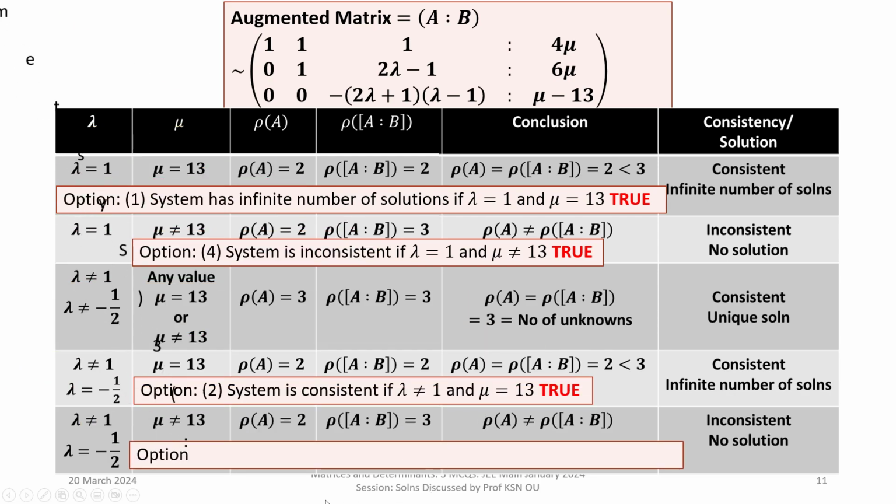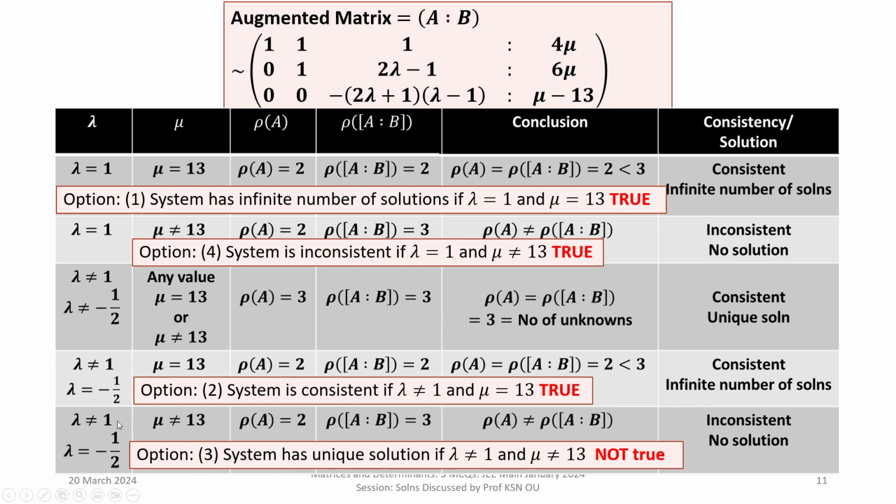Let's look at our option 3. The option 3 says the system has a unique solution when lambda not equal to 1, mu not equal to 13. If lambda is not equal to 1, lambda not equal to minus 1 by 2, both the conditions, and mu not equal to 13, then it will have a unique solution.